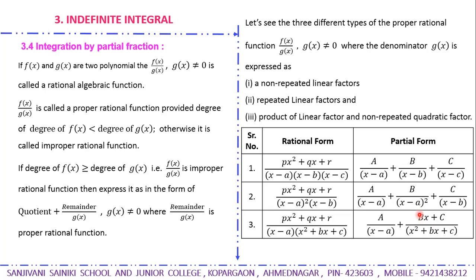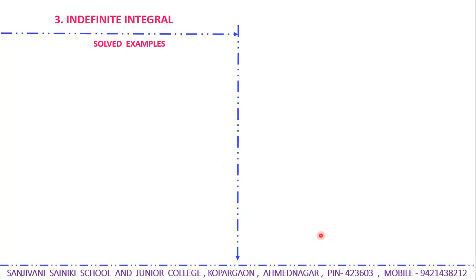Look at this. Bx plus c is the linear combination of the two constants b and c. So bx plus c upon x square plus bx plus c, that means bx plus c upon the quadratic factor. So these are the partial forms of the given expression.